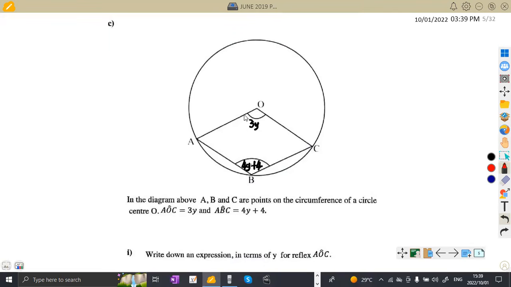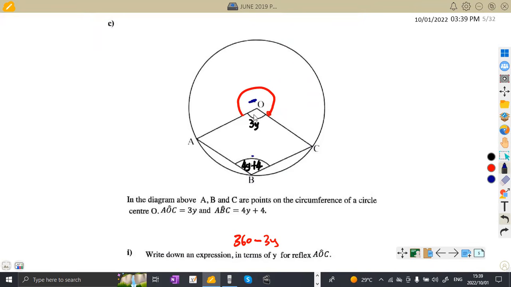For the reflex AOC, we know the reflex is taken from the 360 concept, since angles at a point add up to 360 degrees. So this is just 360 degrees minus 3y. Or we can use the concept that the angle at the center is twice the angle at the circumference.